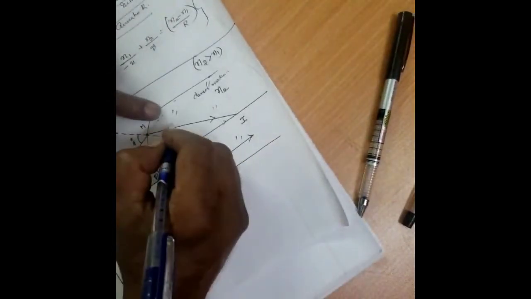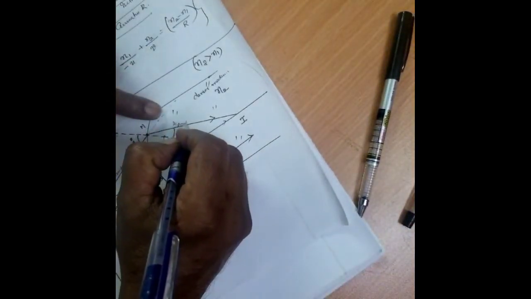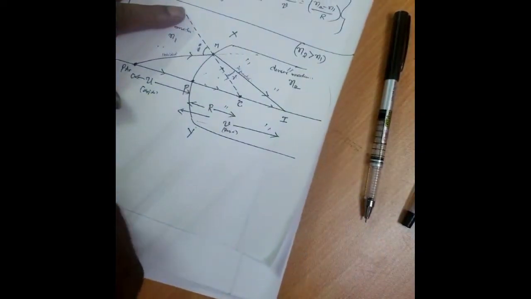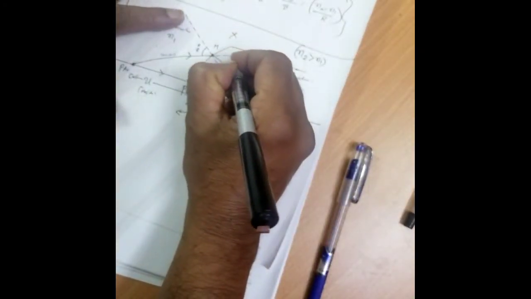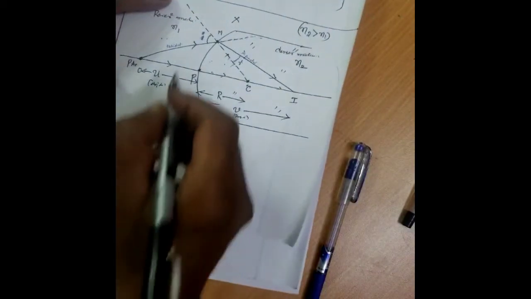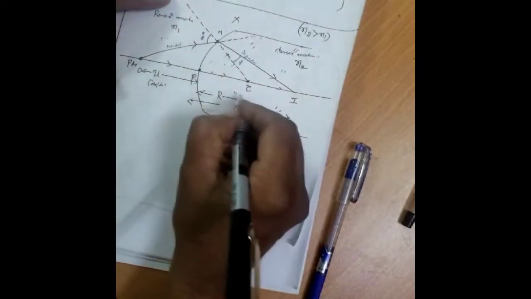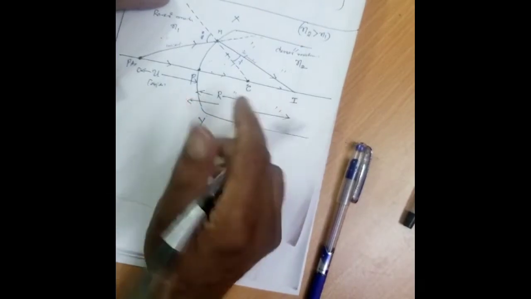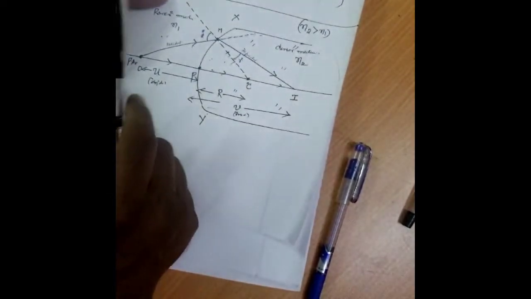This is the refracted ray. Now it is going like this. This is the object distance, this is the image distance, this is the radius of curvature.